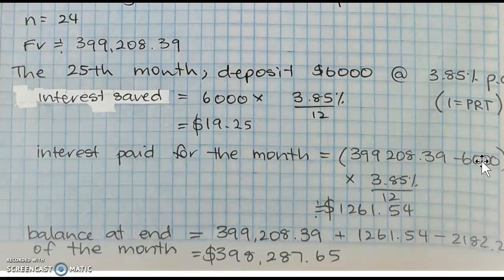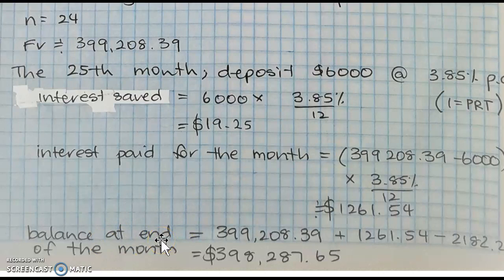That's my PV, or my P. I times it by my interest rate, 3.85% per annum, divided by 12 to get 1 month. That will give me the interest that has to be paid on this amount for that 1 month. And that works out to be $1,261.54.